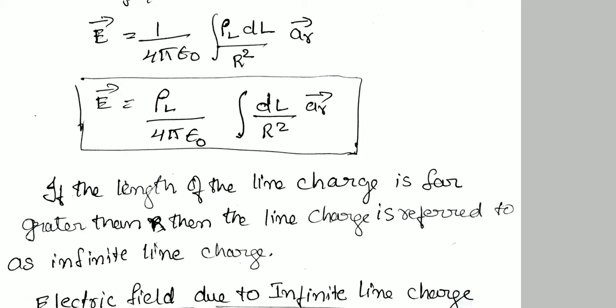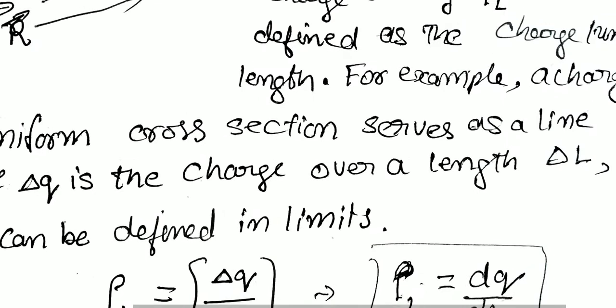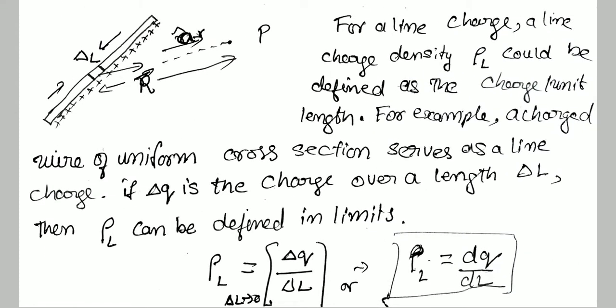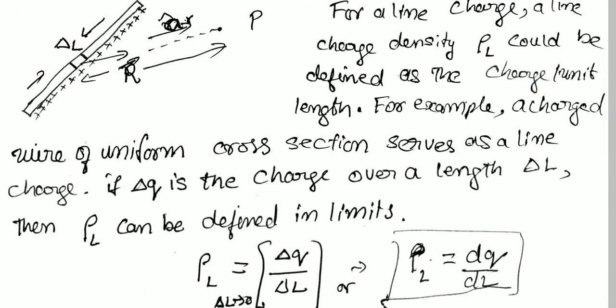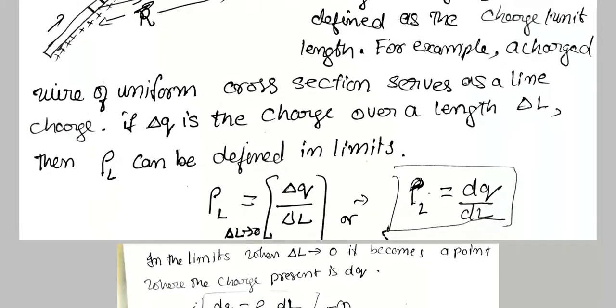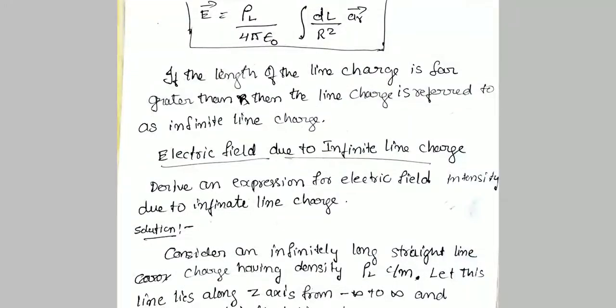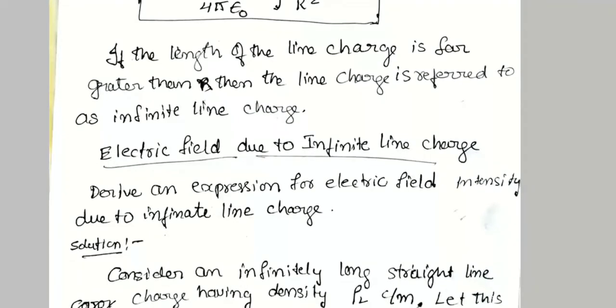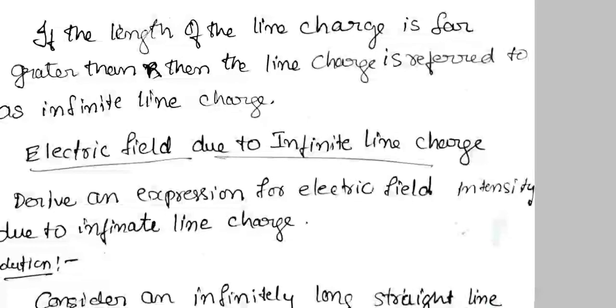That is, if the length of the wire is very large compared to the distance r from the point to the line, then we call it an infinite line charge. Now we will see the electric field due to the infinite line charge.